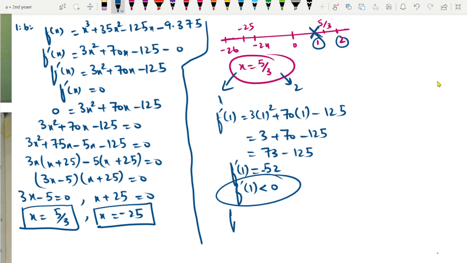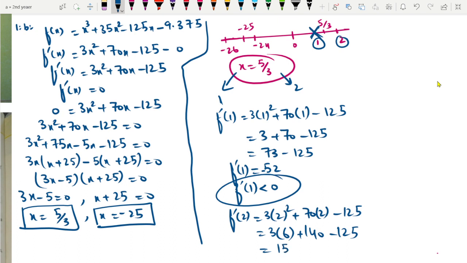And for f prime of 2, 3 into 2 square plus 70 into 2 minus 125. So this becomes 3 into 4 plus 140 minus 125, so 152 minus 125. So this is equal to 27.